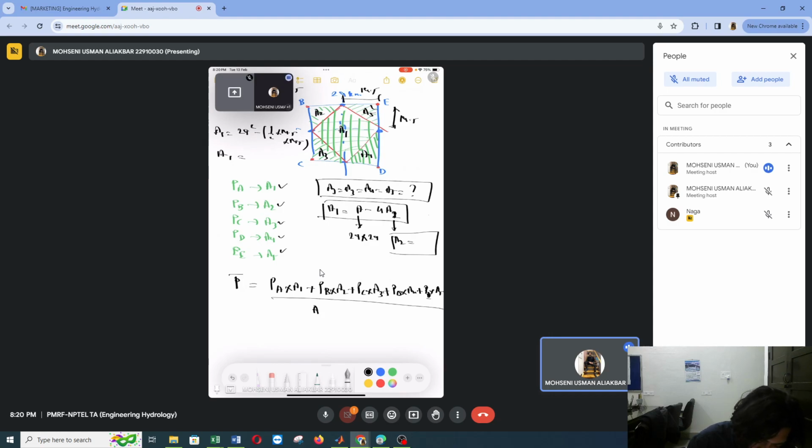The total area you know, now you can get the P bar value, which would be in centimeter. So now you can calculate this value and you can check. For cross checking, the answer here is 99.37. You can calculate this later and cross check with this value. The answer should be 99.37 centimeter.